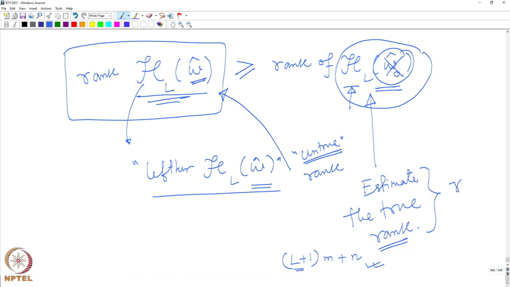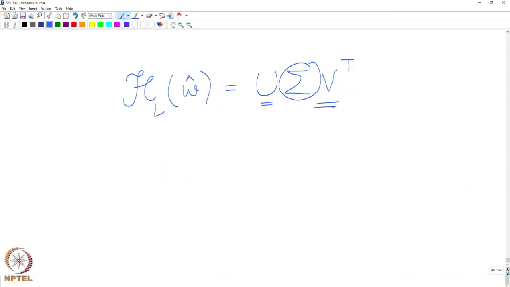Let me call that R0. Oh, I should not use this symbol I have used before. What should I use here? Let me use D. Let me use DL.